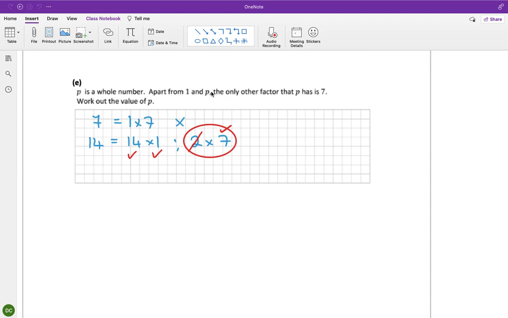So 7, 14, 21 is 21 by 1 and 3 by 7. So again, 1 and 21 is fine. The 7 is fine, but we don't want the 3. So I don't know. It probably took me about this far to figure out what they wanted me to do. I'll keep going though.